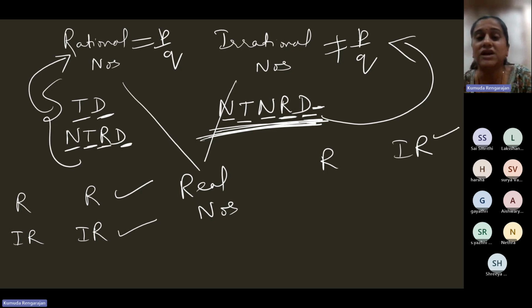Again, if you take a rational number and another irrational number, between this rational number and irrational number, there are infinitely many rationals and irrationals lying.